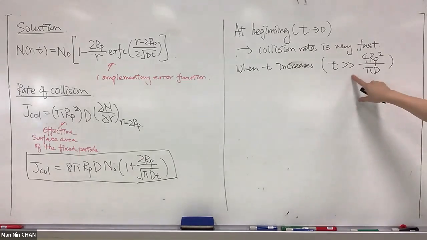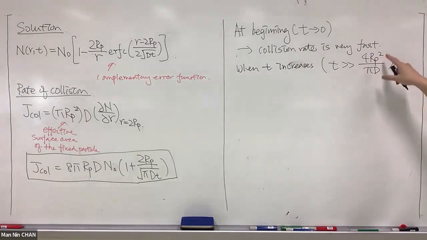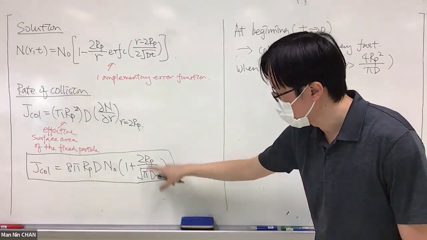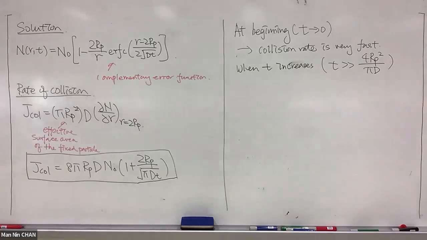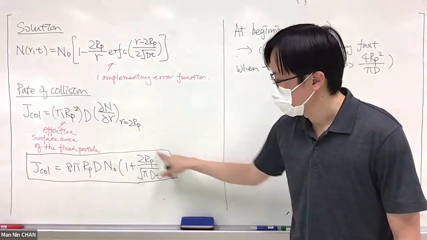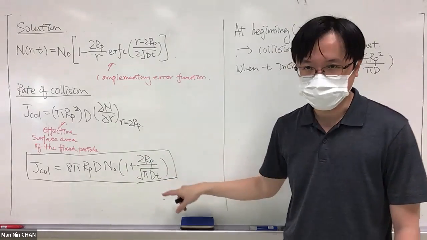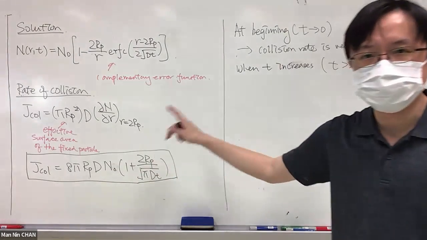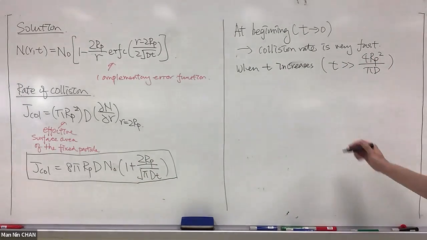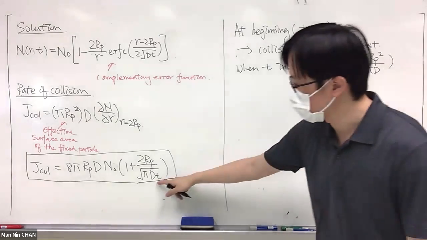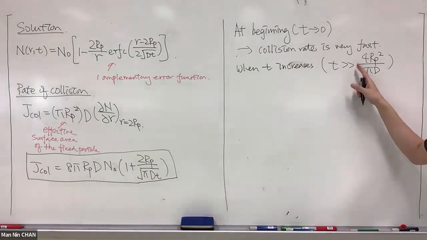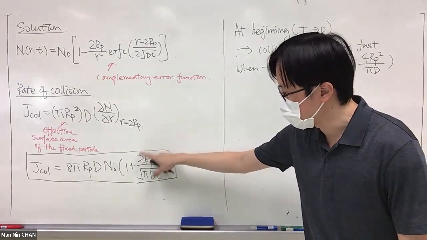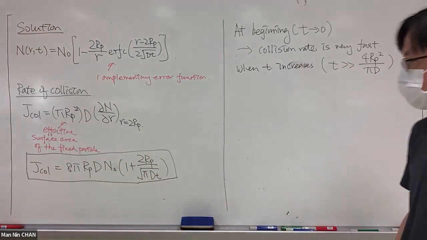When the time is much larger than 4 RP squared divided by pi D, if you substitute these terms here, you will find that these terms become insignificant, and you can approach what we call the steady state. Because you take the square root, this becomes a big term, and then you divide by it, so this term becomes insignificant.